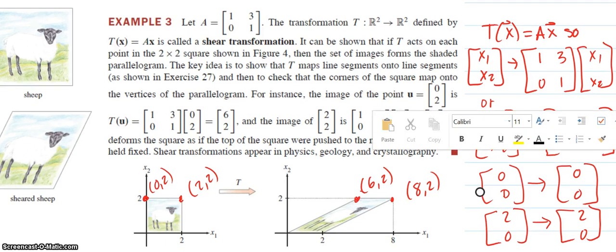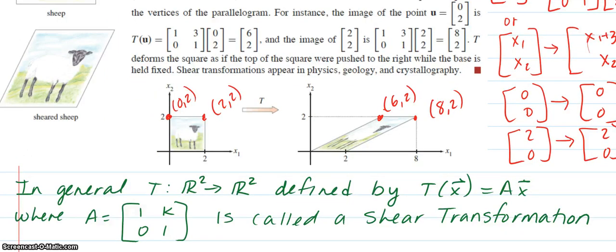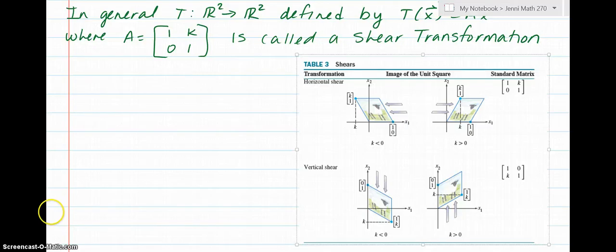In general, any matrix in the form [1, k; 0, 1] is a shear transformation. That k there is going to make it a shear transformation. If you look in the book, in the next section, there's a table that has all the different transformations, and table 3 is the shears.